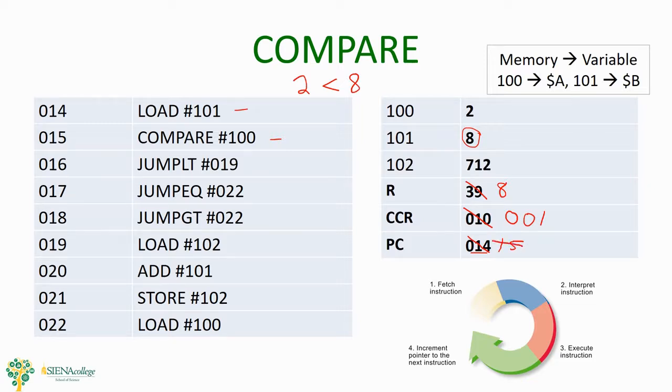We now increase our program counter by 1 to 16, and we look at this jump statement. Jump less than 19. Well, the less than says if the comparison register is 001, then go to line 19. The comparison register is 001, so we will change the program counter to 19.